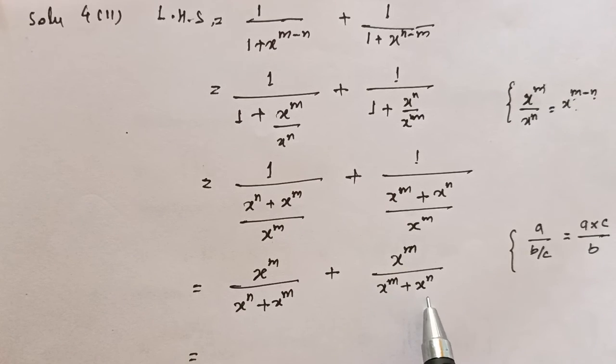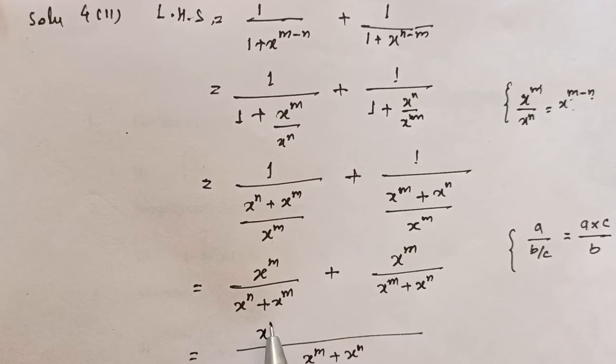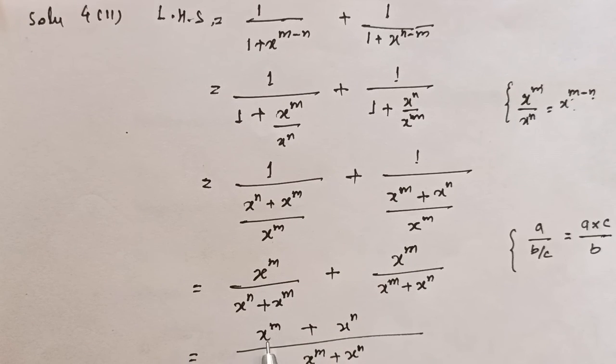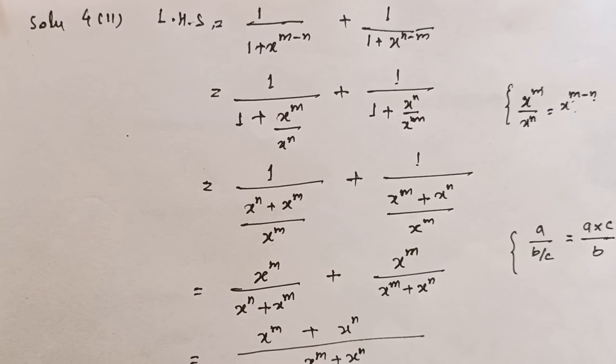So write one time and write down numerator as it is, x to the power m plus x to the power n. Numerator x to the power m plus x to the power n, denominator also same. So cut each other, 1.